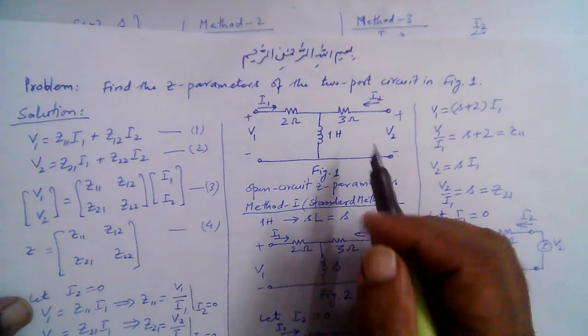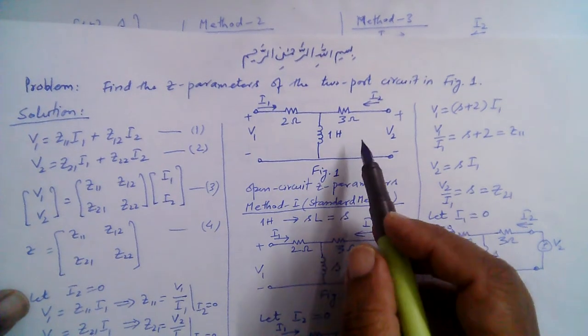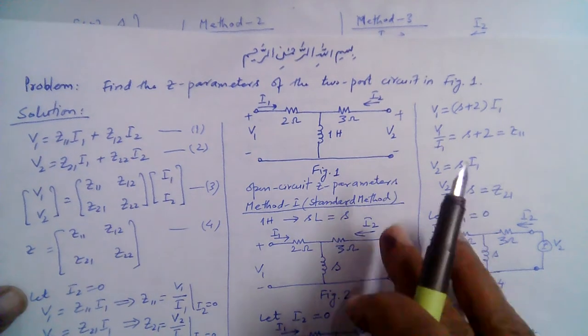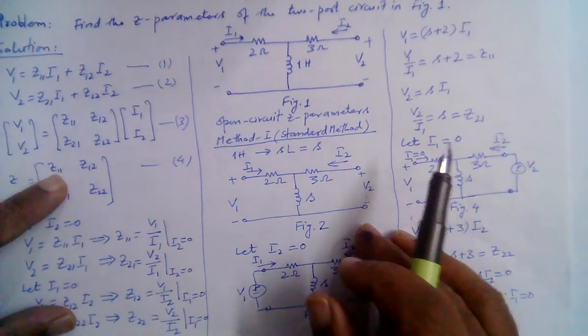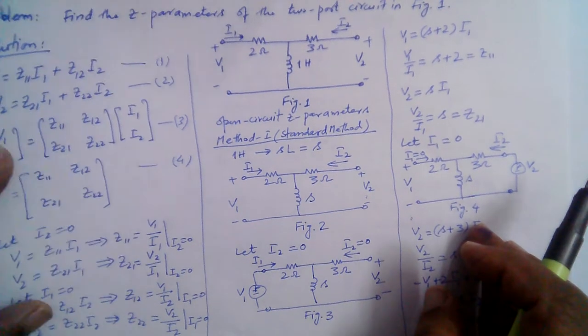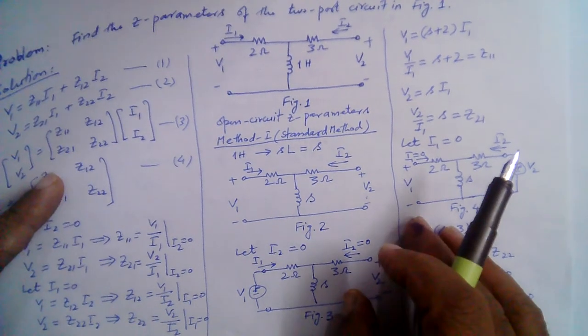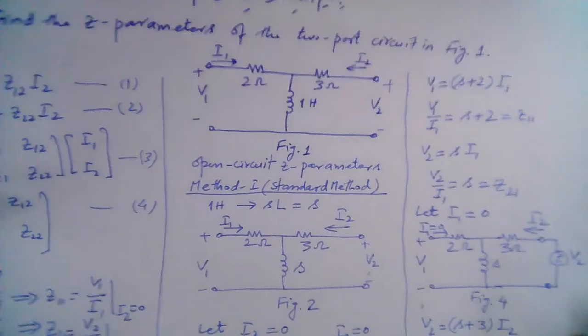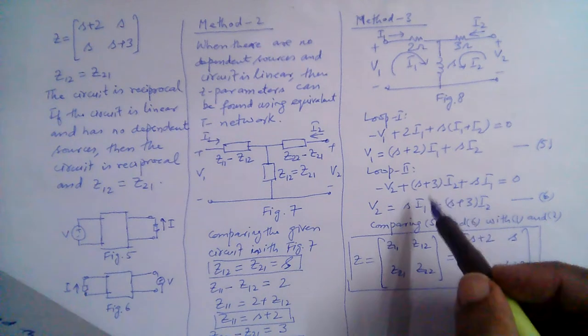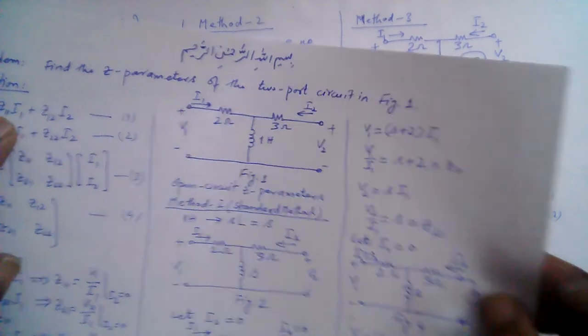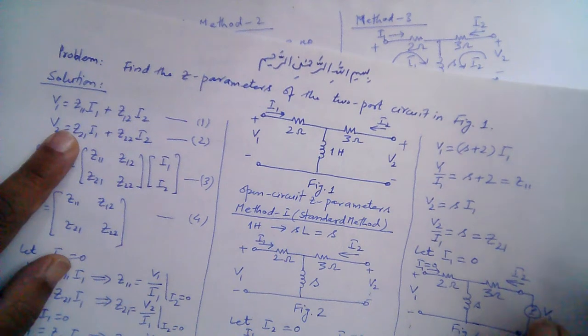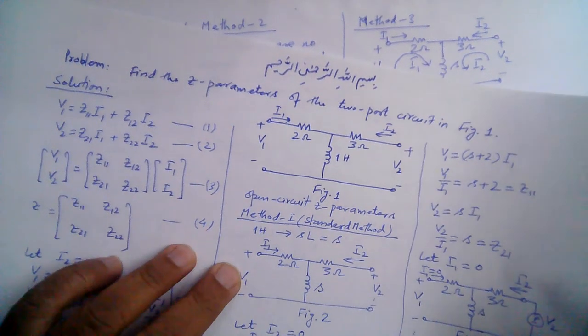For example, if we have 2 loops here, or there are multiple loads, then the standard method will always work. However, we can still employ some network analysis techniques to arrive at equations in this form, compare them with these equations here and then find out the Z parameters. But as I have stated, this standard method will always work given any circuit.